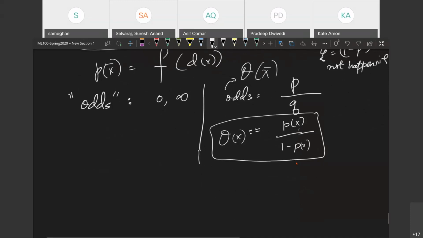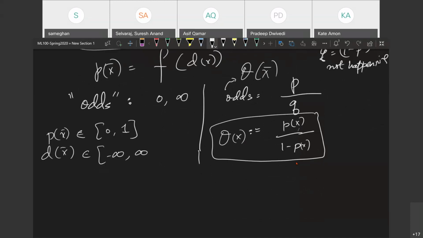We know that P of X belongs to 0 to 1. The distance dx belongs to minus infinity to plus infinity.